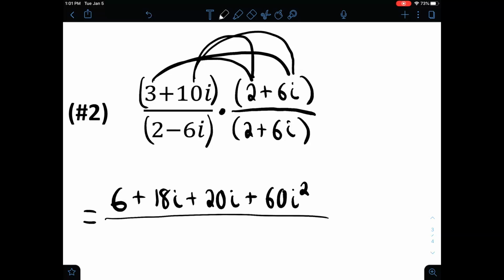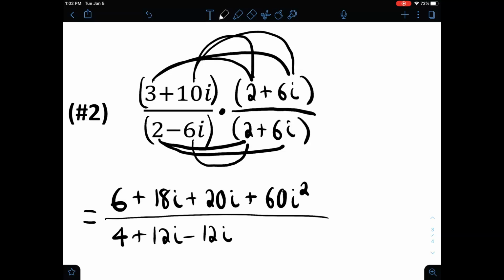Over, on the bottom, we're going to do 2 times 2, which is 4, 2 times 6i, which is 12i, negative 6i times 2, which is negative 12i. You see how those cancel out in the middle? And then negative 6i times positive 6i is going to be negative 36i squared.